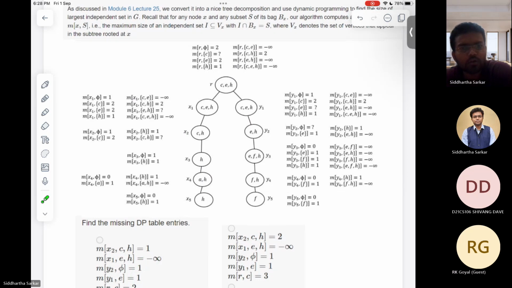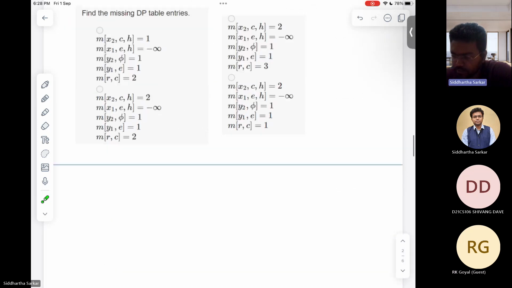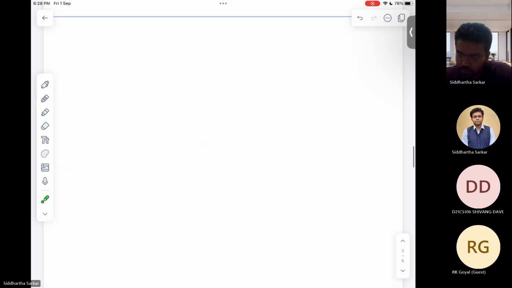Okay, so let me define what these things are. You are not able to see the upper part of the board, I believe. Right now, the entire screen is blank. Nothing is visible. I added two tick marks.